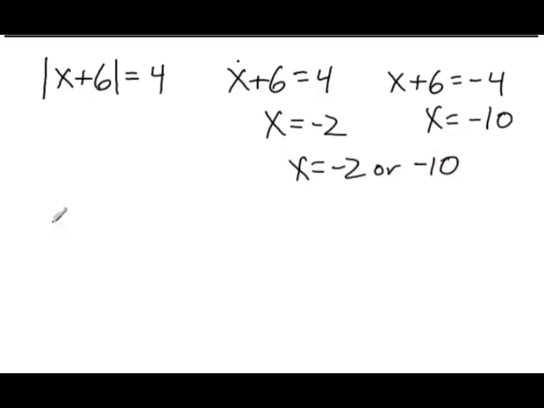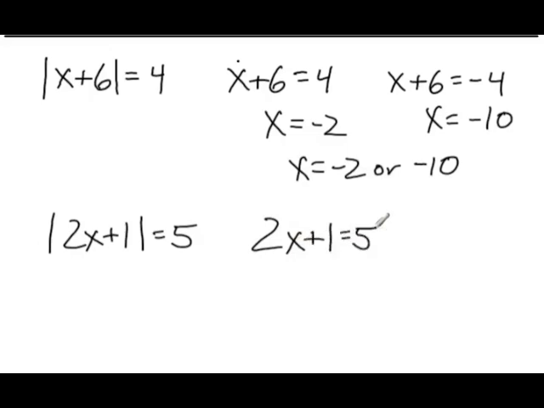All right, let's try another one. Absolute value of 2x plus 1 equals 5. So once again, what's in the absolute value bars is either going to be equal to 5 or negative 5. So we set up our two equations. 2x plus 1 equals 5. 2x plus 1 equals negative 5. Solving both of these, we're going to subtract 1 from both sides.